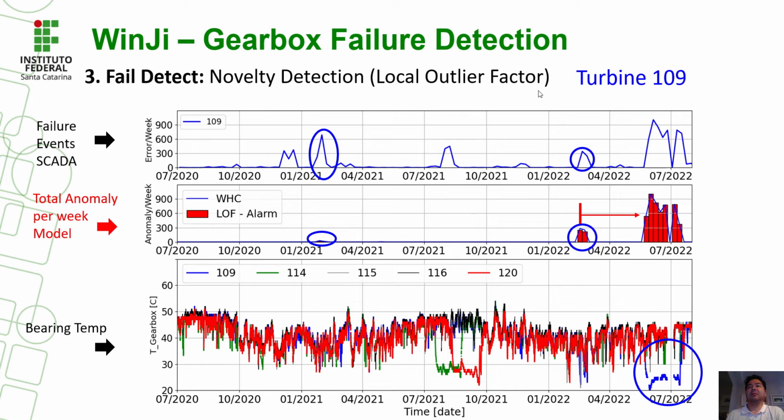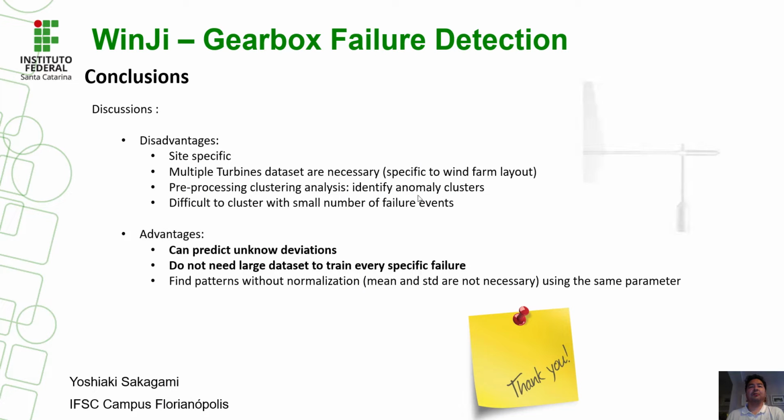And turbine 109 is the same. There are not too many, but you can see the problem 3 months before the failure. So those are my results that I would like to show.